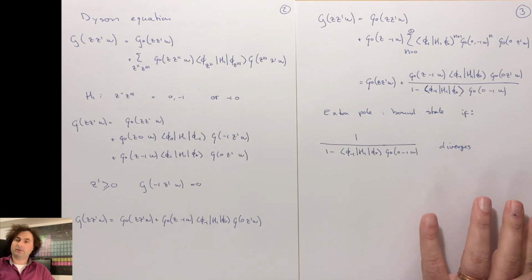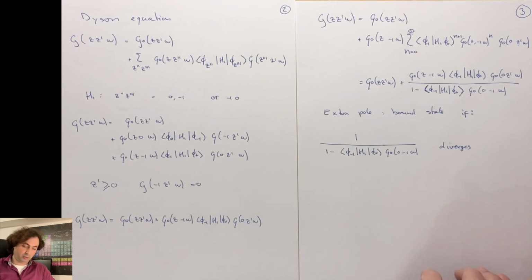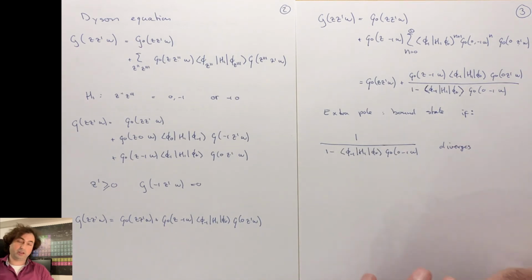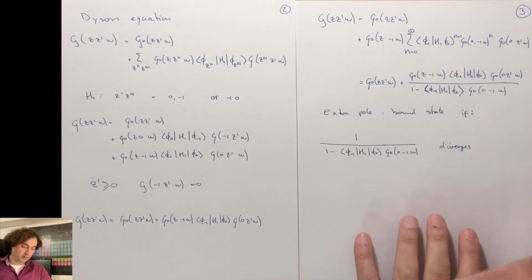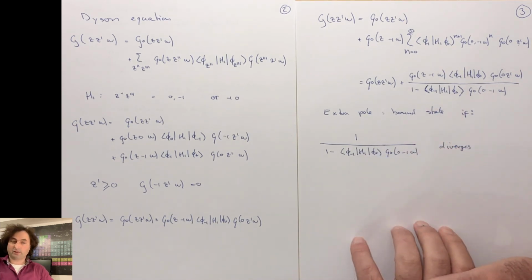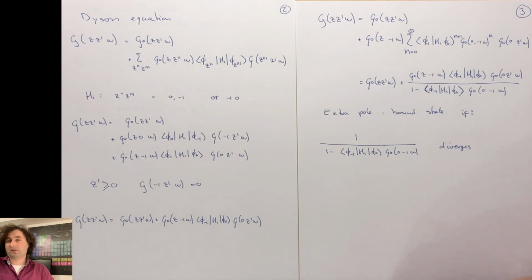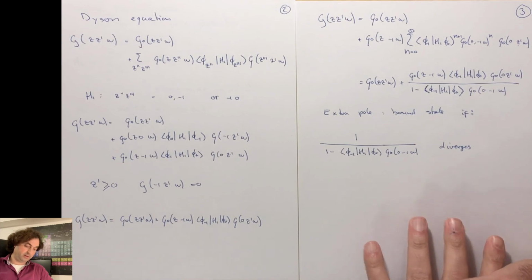That will become different if we look at different models. And especially if you look at models where you have more than one band per unit cell. Either more than one atom or more than one orbital per atom. In that case, of course, these are no longer complex numbers, but they become matrices. So we look here at a matrix inversion, and we have to look when that matrix inversion is singular. The moment that your matrix inversion is singular, you will get additional poles.